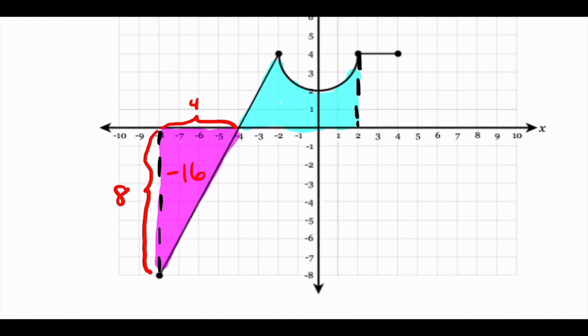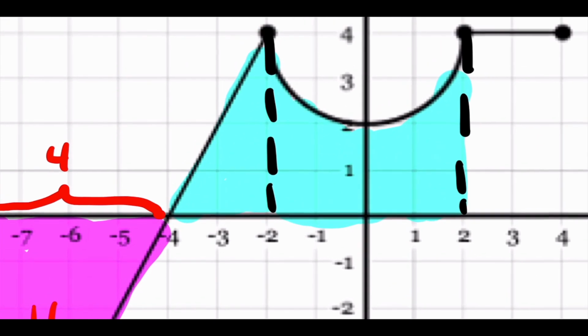Okay. Now this next part, the blue part, is kind of a weird looking shape. So I'm going to break it up into smaller pieces. So what I'm going to do first is a triangle here.